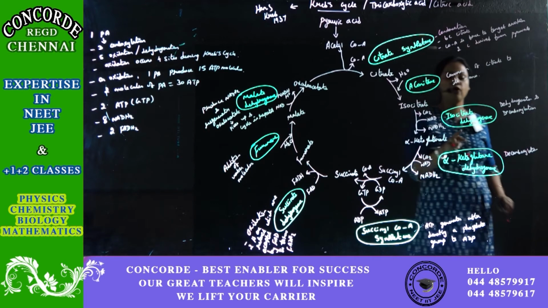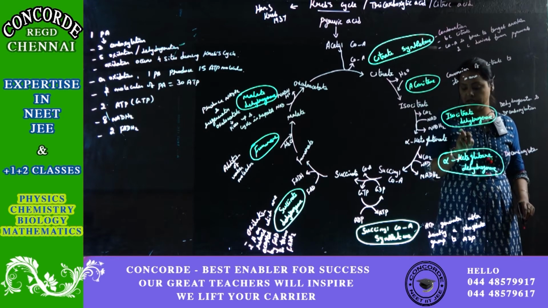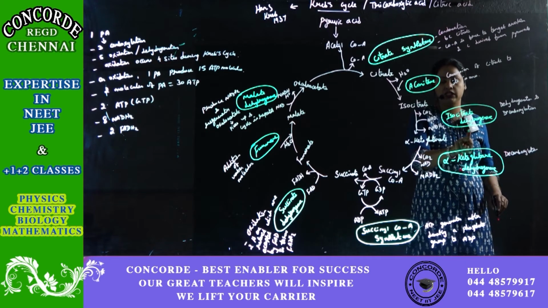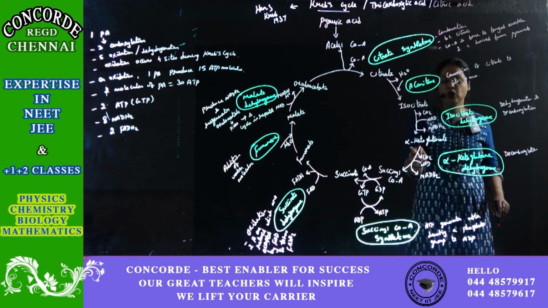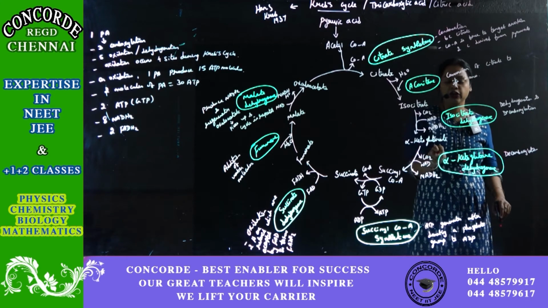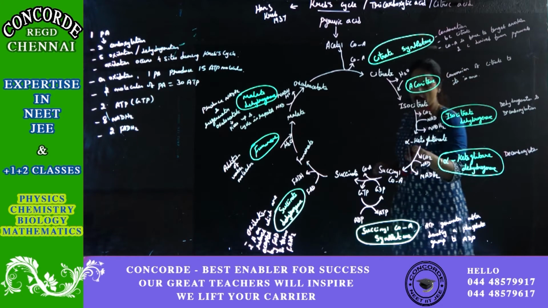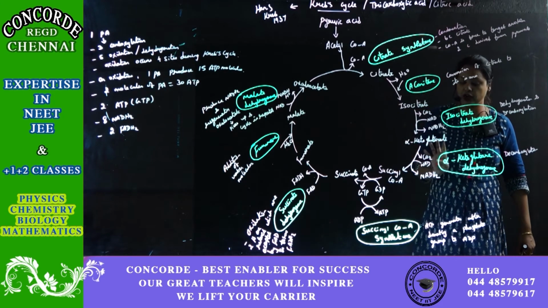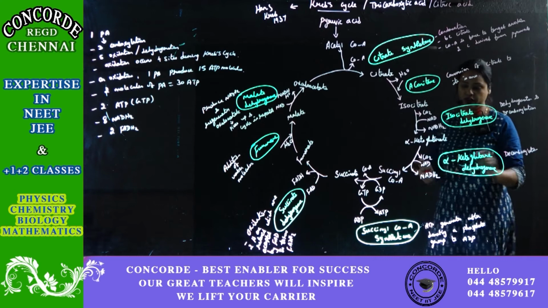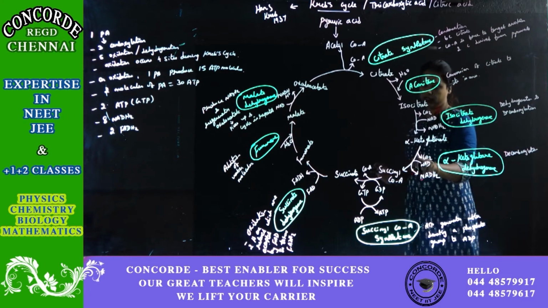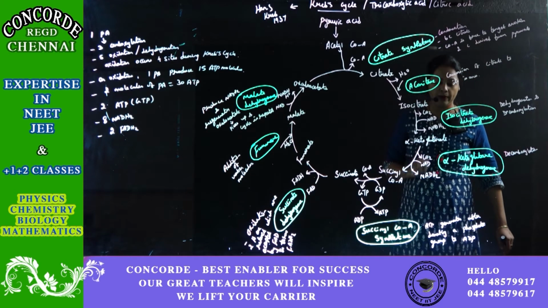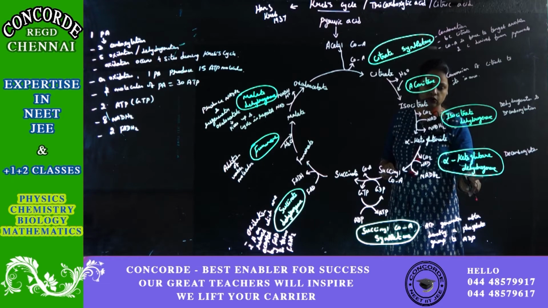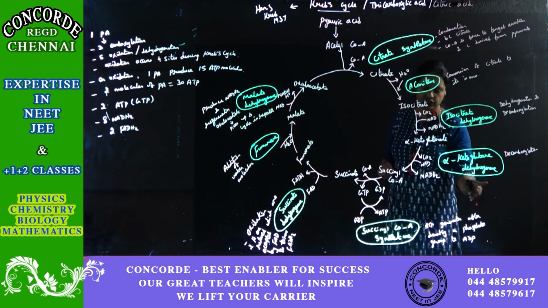With the help of the enzyme isocitrate dehydrogenase, it will produce alpha ketoglutarate. This alpha ketoglutarate again goes for decarboxylation, that is removal of carbon dioxide, with the help of the enzyme alpha ketoglutarate dehydrogenase.